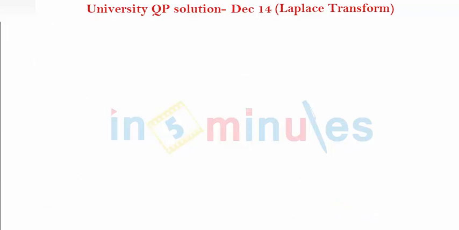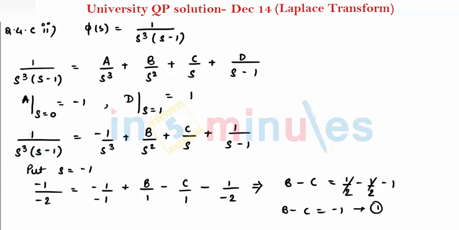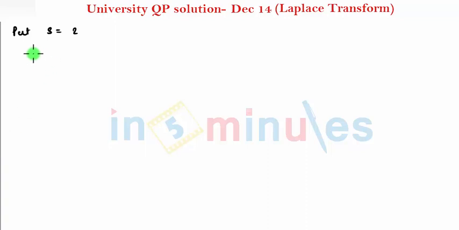Now put one more value. Let's say put s equal to 2. When we put s equal to 2 here, the left side becomes 1 divided by 8 into 1.